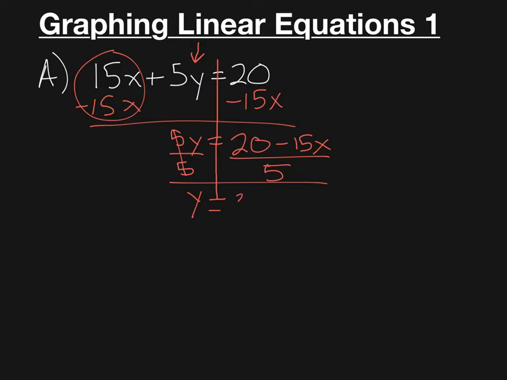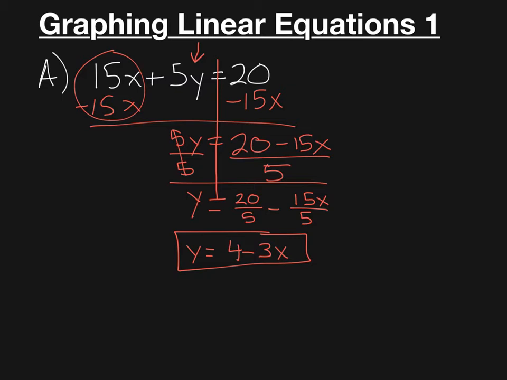We can write this as 20 over 5 minus 15x over 5. So that's going to give us y equals 4 minus 3x. So here is the function that we can use to create our table and then create a graph.